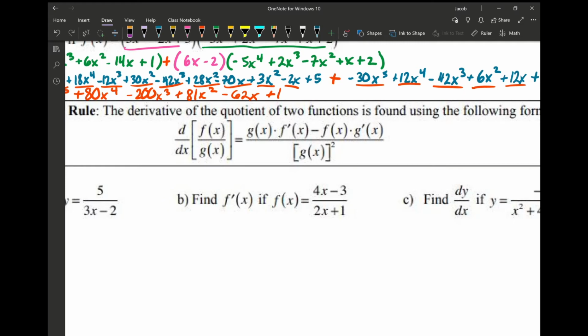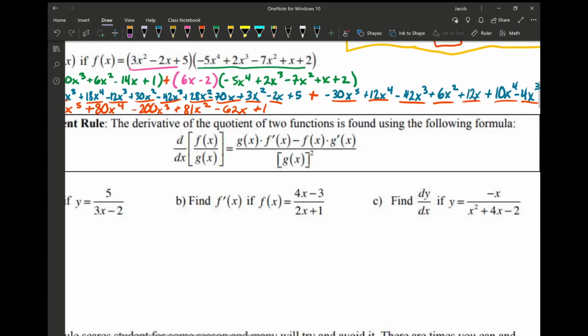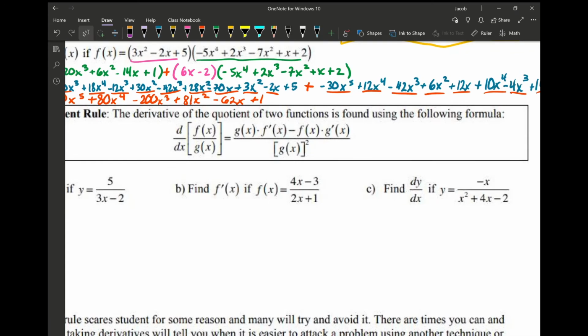So where does it even come from? Why do we have this combination of derivatives and original functions that means the derivative of two functions divided? I can post another video like that from another source, but right now we're just focused on using it.